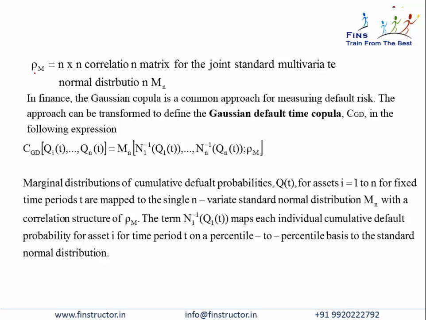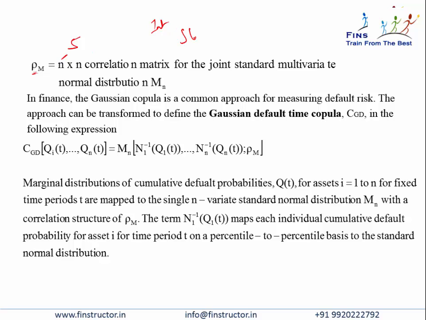So once again, the correlation matrix is the n by n correlation matrix for the joint standard multivariate normal distribution. So if there were 5 different variables, n is the number of independent distributions or the independent variables.